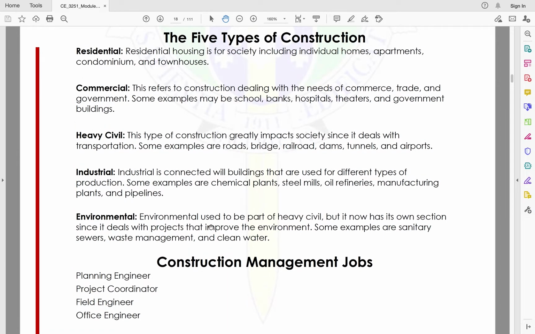So environmental used to be part of heavy civil, but it now has its own section. So since it deals with projects that improve the environment, some examples are sanitary sewers. Okay, so it should improve the quality of disposed waste water and sludge, waste management, and clean water.